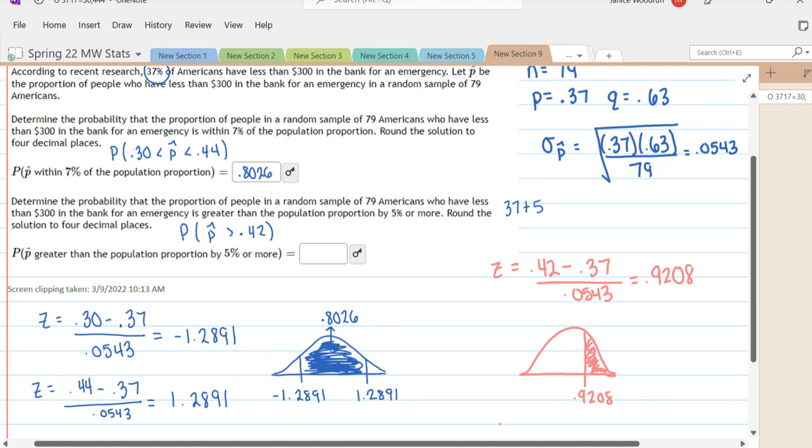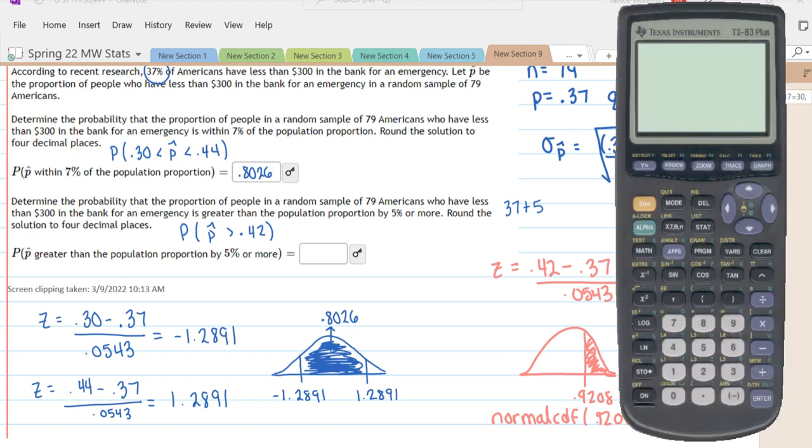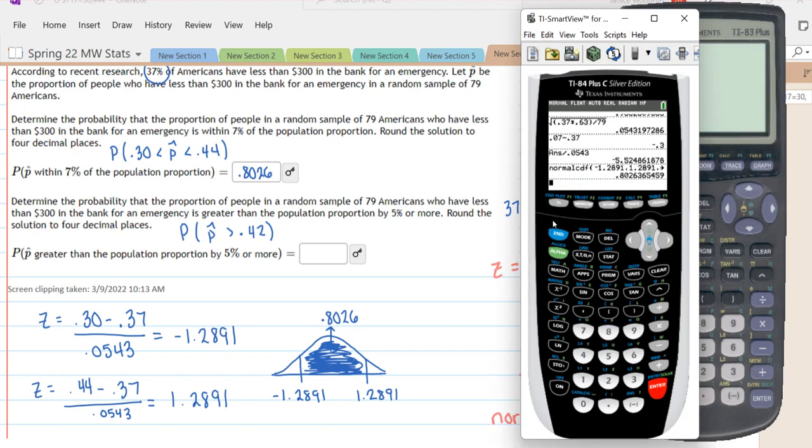So there we would want to go normal CDF, 0.9208 and 99. Oh, wrong one. All right, so 0.1786.